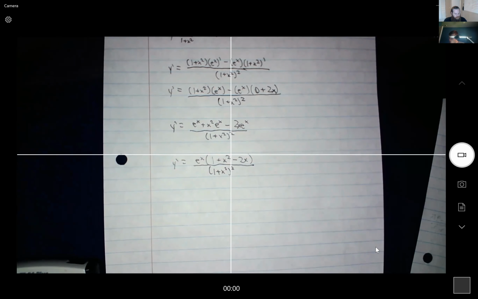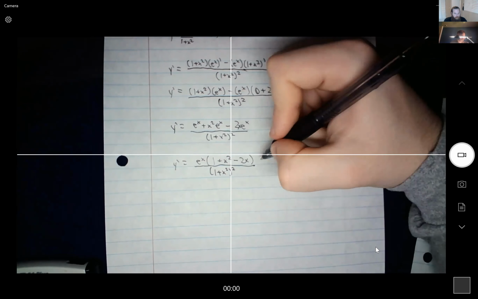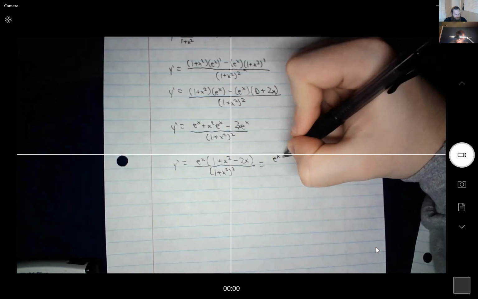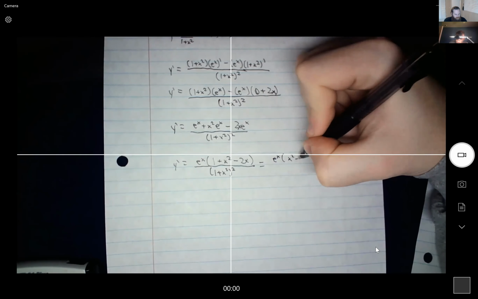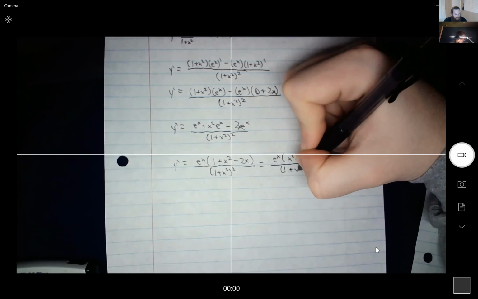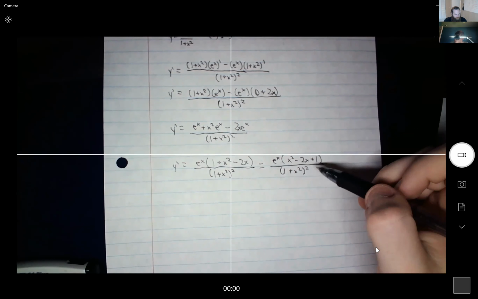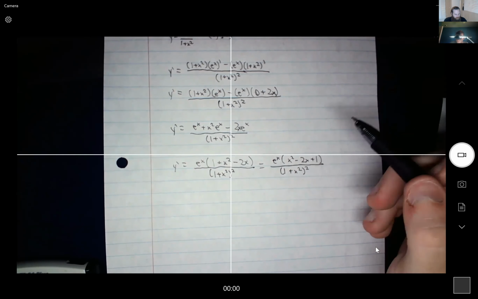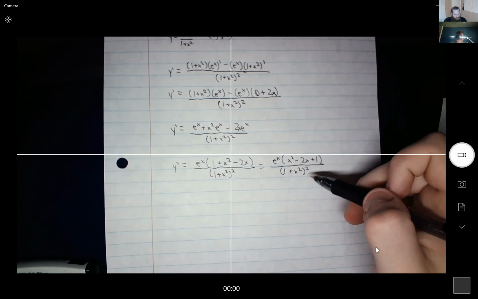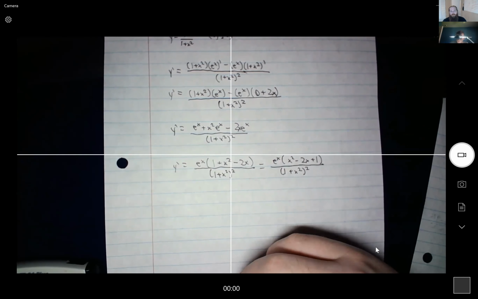So from there, there's a pattern with these. You can rearrange the terms for this one. So it equals e to the x times x squared minus 2x plus 1 over 1 plus x squared squared. And then this can be factored. What's the word? Is it factored? So the bottom there is irreducible, I think.